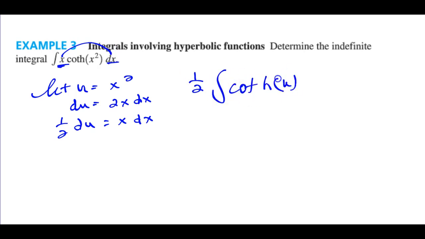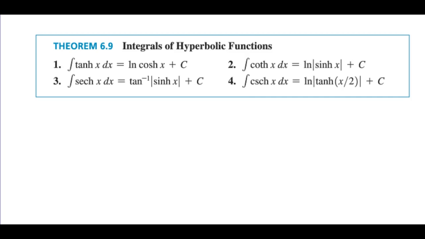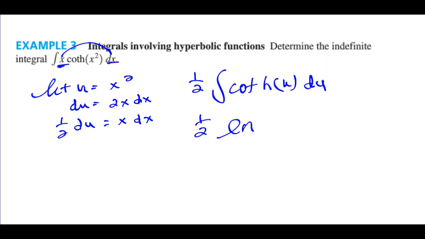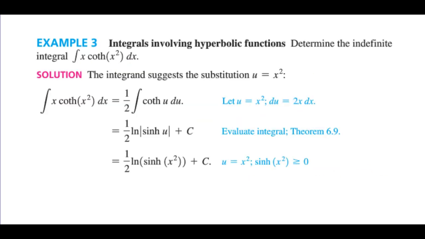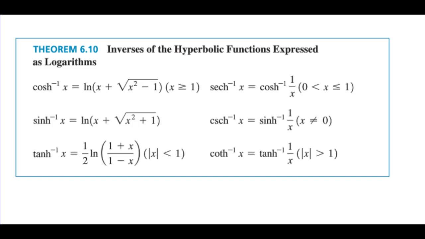Hyperbolic cotangent u du, which is the natural log according to this definition, the absolute value of sinh u plus c, and of course the u was the x squared. Final answer. Author agrees.